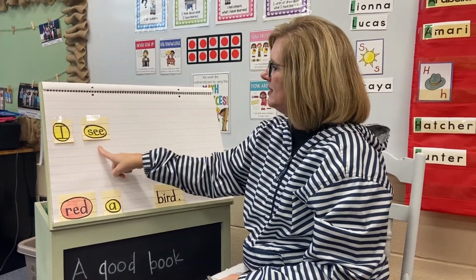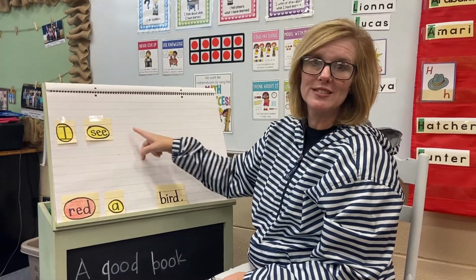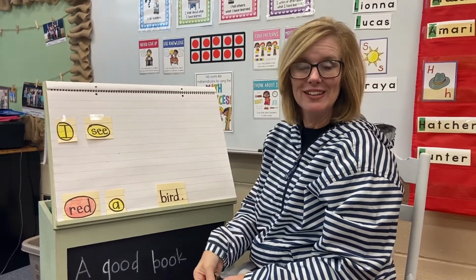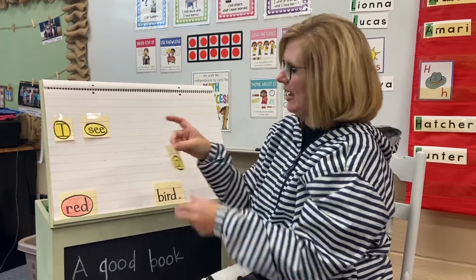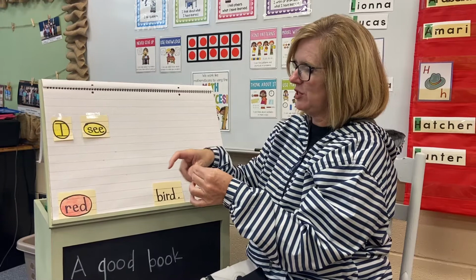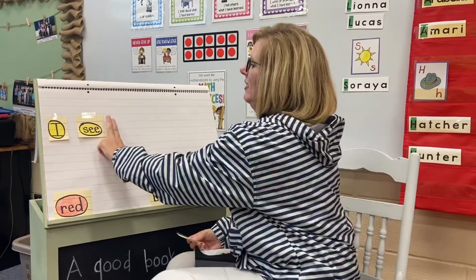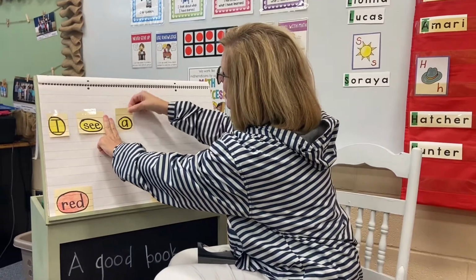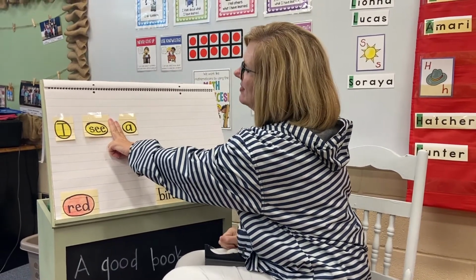I see a. What word goes next? A. Well, that's one that we circled that we know. So we're going to take A and put it next. But don't forget about those finger spaces. I'm going to put 2 fingers down and put A next.